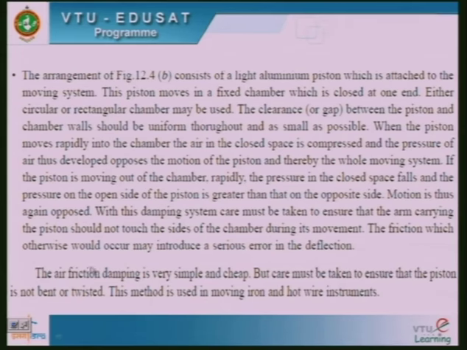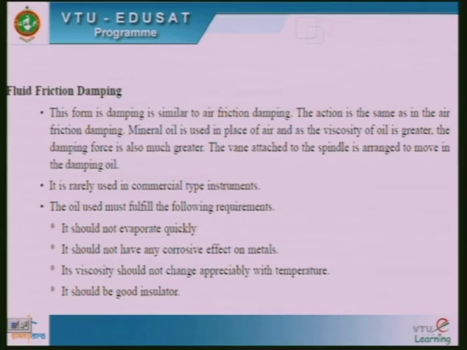The friction which would otherwise occur may introduce a serious error in the deflection. Air friction damping is very simple and cheap, but care must be taken to ensure that the piston is not bent or twisted. This method is used in moving iron and hot wire instruments. This is how we generate the damping torque by using air friction damping.